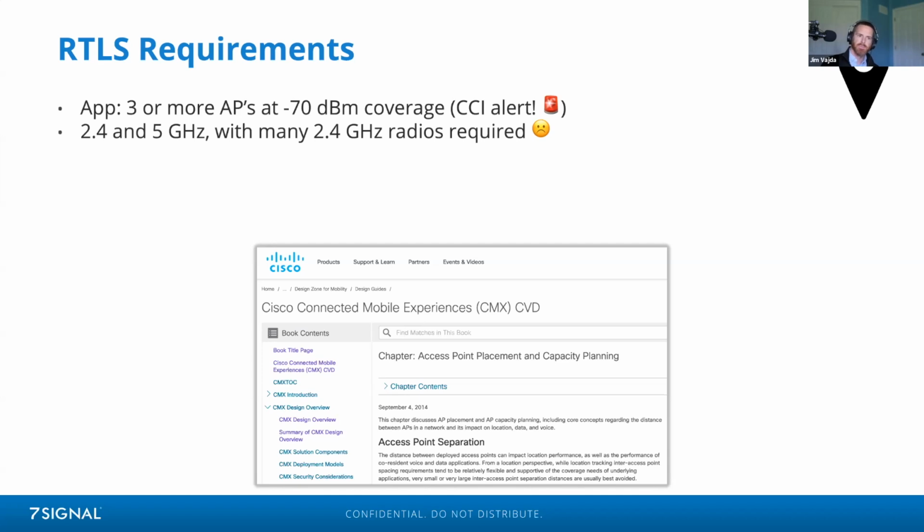Typically, you disable a third or more of your 2.4 gigahertz radios if you have a 5 gigahertz design, to limit CCI and all the management frame overhead from those extra radios. With RTLS, you end up turning a lot more of those back on to be able to do locationing in 2.4 gigahertz. We also have requirements on where you're going to place your APs.